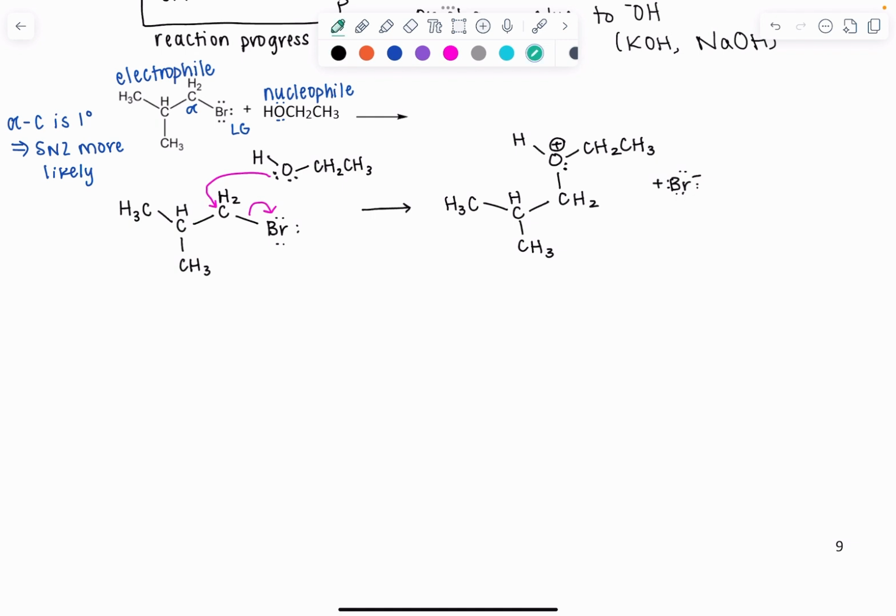So this is step 1. This is the SN2 reaction. Now our product is charged, this main organic molecule, the carbon, hydrogen, and oxygen molecule. So we can neutralize that charge by using bromide again. Take the hydrogen, proton transfer reaction, oxygen accepts electrons.